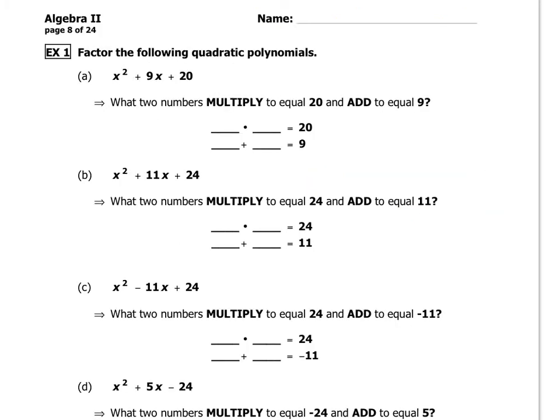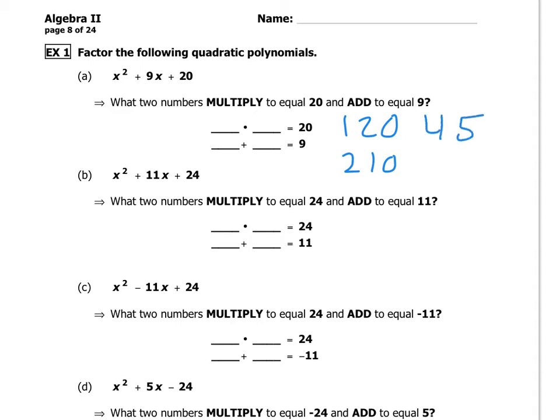Let's go ahead and turn the page to page number 8. We'll do a few more examples. You're probably remembering how to do this about now. In this next example, we've got x squared plus 9x plus 20. We're trying to figure out what multiplies to 20 and adds to 9. What multiplies to 20 is 1 and 20, 2 and 10, and 4 and 5.